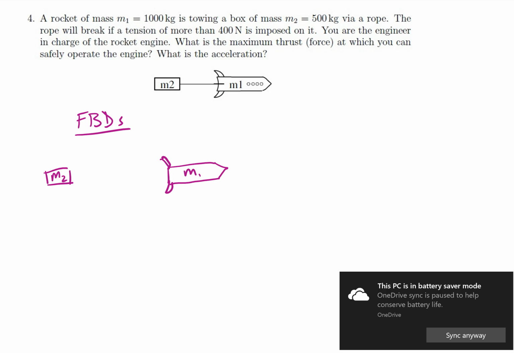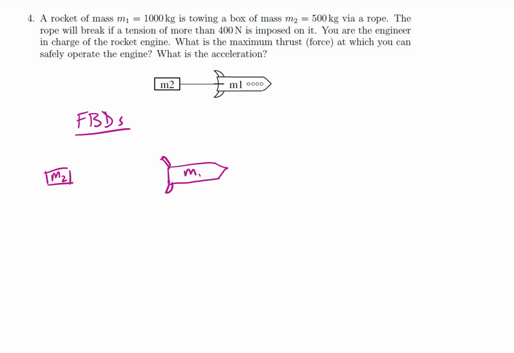It turns out we only have one force acting on the box, and that's the force of tension in the rope that's pulling it along. Sometimes I do tension F sub T, sometimes I do a big T. You can do it either way.